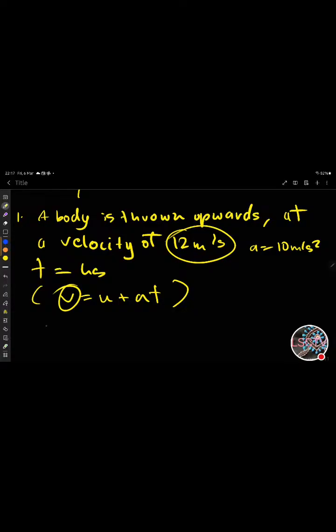After you find this velocity, use the last equation, which is v square minus u square equals 2as.